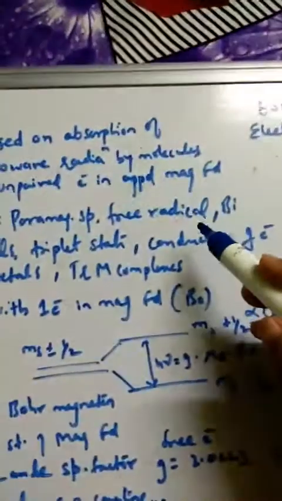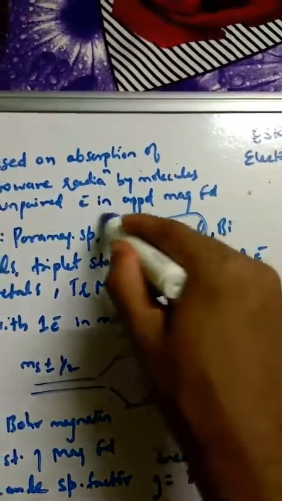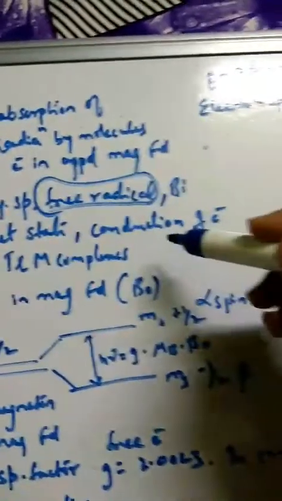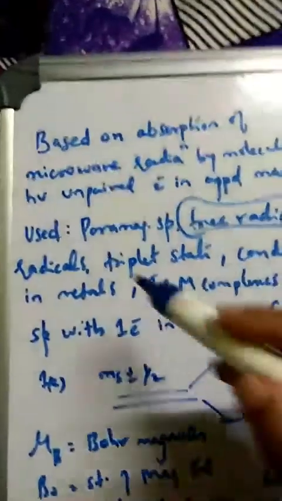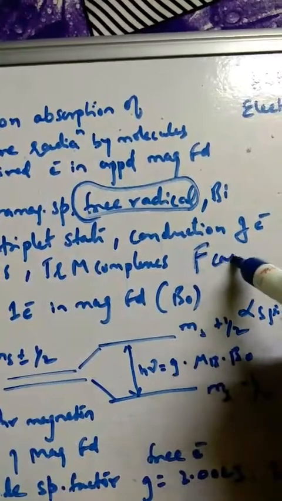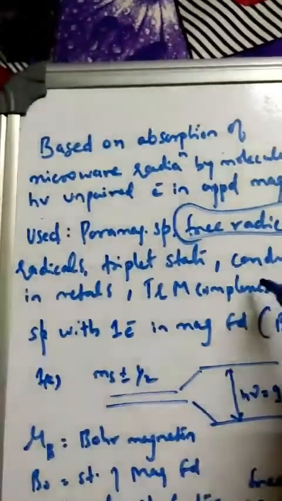Then free radicals, very much used in the medical field and body system, living organisms, bioinorganic free radicals. Then biradicals, triplet states definitely. Then conduction of electrons in metals, that is the F center. In solid state chemistry we are seeing the F center, and most of the transition metal complex studies.